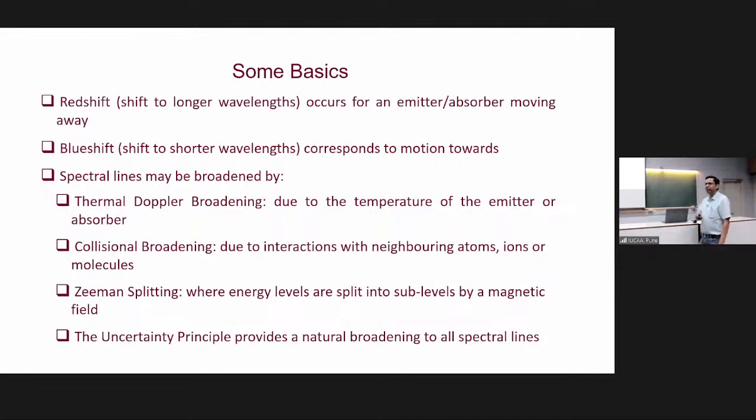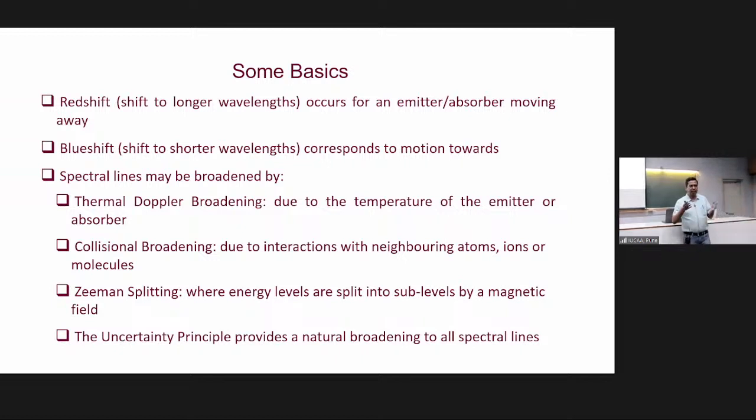Redshift means that the absorber is going away from us. Blue shift means the absorber is coming towards us. And we also can have broadening. There are several processes which broaden the spectral lines.